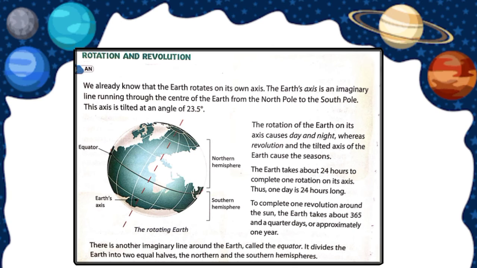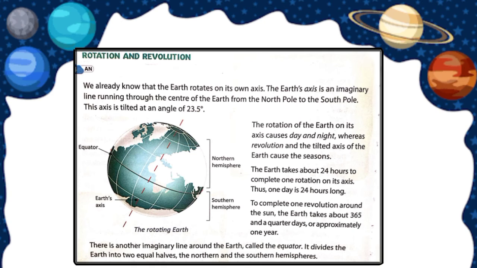So this movement of the earth around the sun in a fixed path is called a revolution. The earth revolves from west to east in an anti-clockwise direction, and completes one revolution around the sun in 1 year, or in 365 days, 6 hours and 9 minutes.